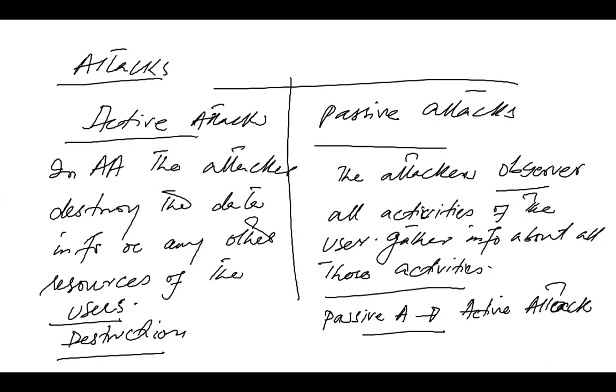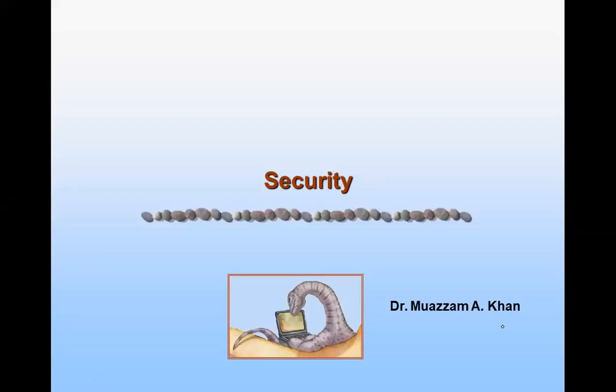Active, in which the attacker destroys the contents, the information, and the resources of the user, while in passive attack, he simply observes, and he checks whether it will have some impact or some threat for the system.